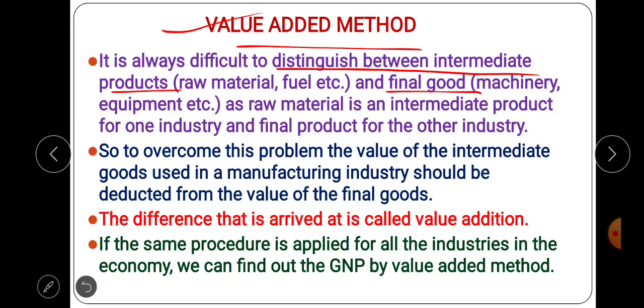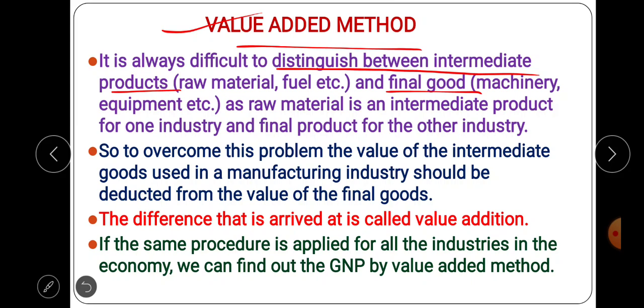Sometimes the final goods like machinery and equipment are utilized as a raw material. Final goods used as a raw material are intermediate products for one industry and the final products for the other industry.